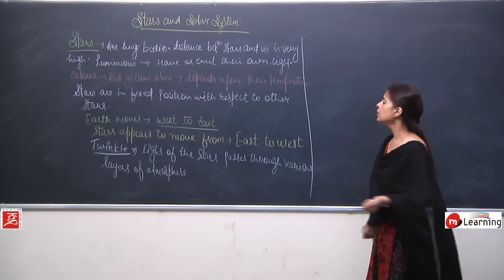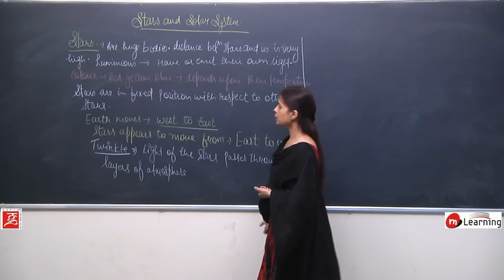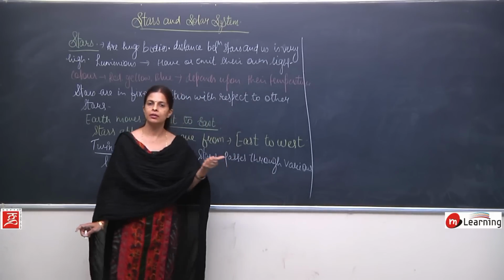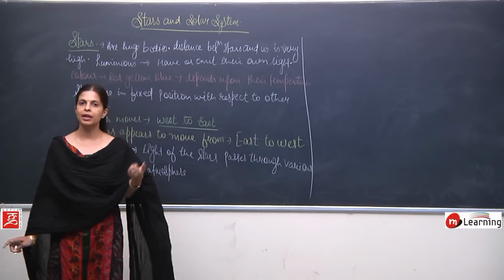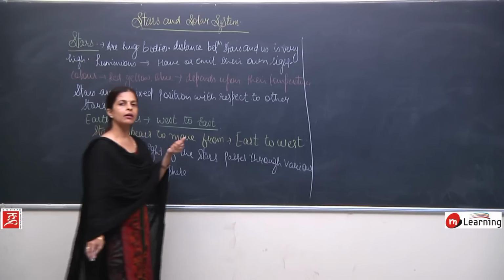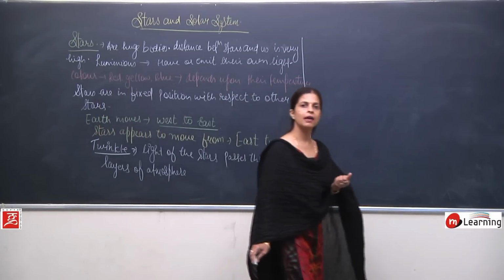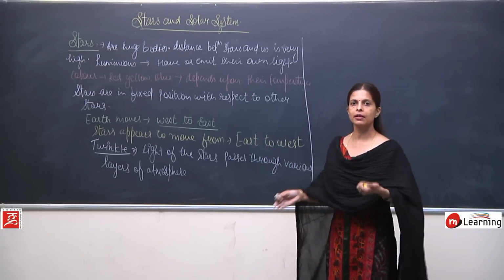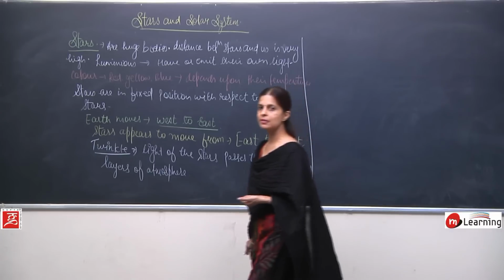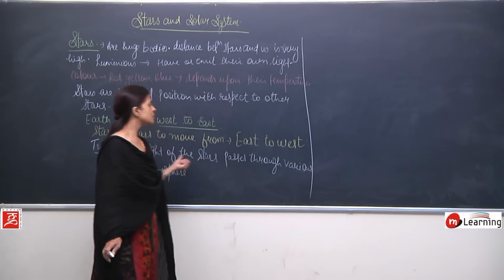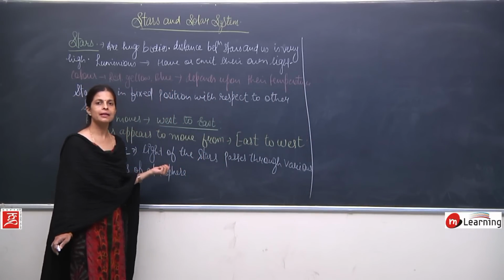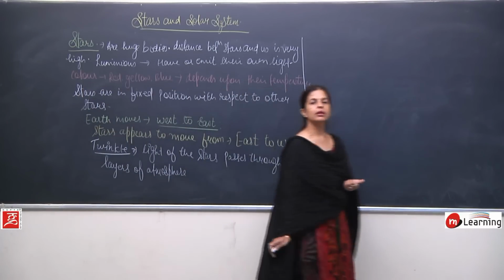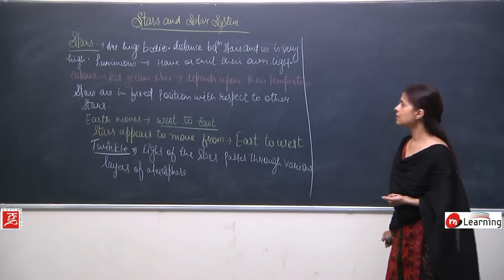So in short, here this is enough: when the light comes out of these stars, to reach the surface of the earth, it has to pass through various layers of the atmosphere, and due to the various disturbances in the layers, the light twinkles and the stars appear to be twinkling. Now, a few things are very clear to us.